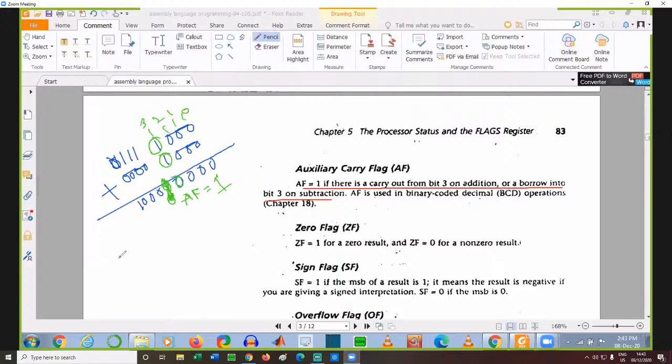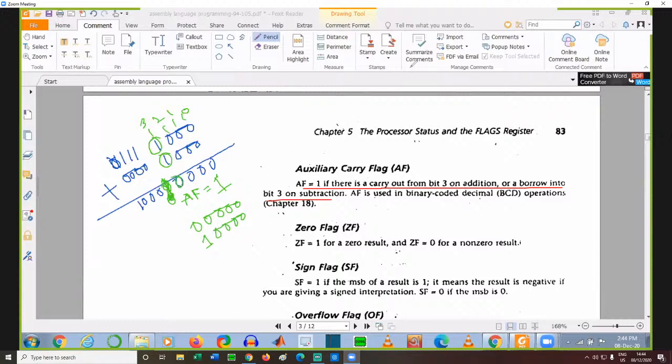Okay, so for subtraction, it is said that AF equals 1 if there is a borrow from bit number 3. So how can we do that? Suppose you have the same thing, a subtraction. This is 0 and this is 1.